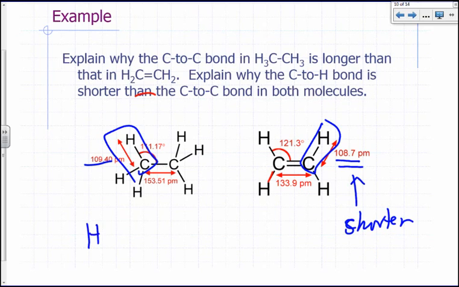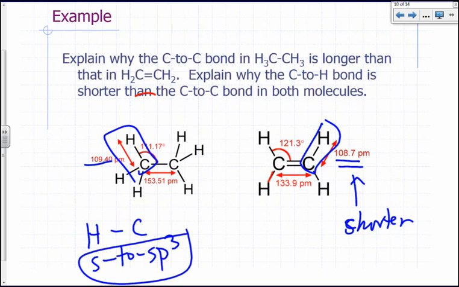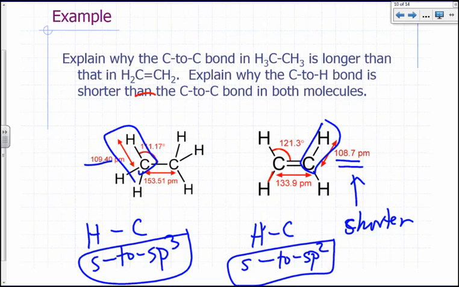The hydrogen to carbon bond here is an s to sp3 overlap, whereas the hydrogen to carbon bond here is an s to sp2 overlap. And because the carbon on the right is using a hybrid orbital with less p character, sp2, we expect that bond to be shorter.